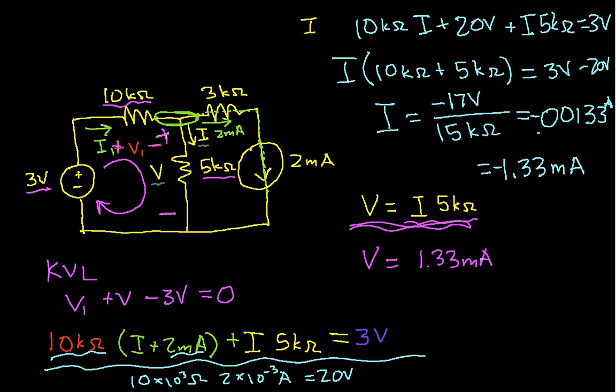Times 5K ohms. Okay, so I work this out, and I get that V is negative 5.67 volts.